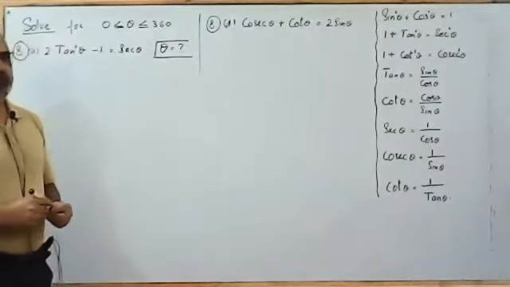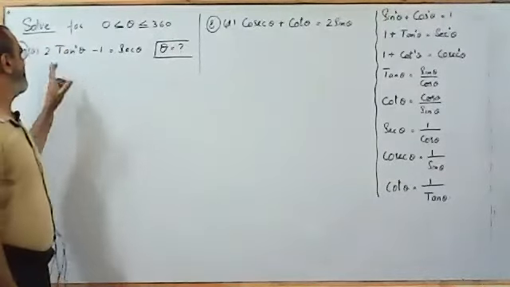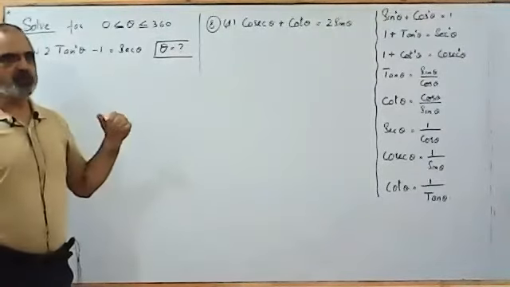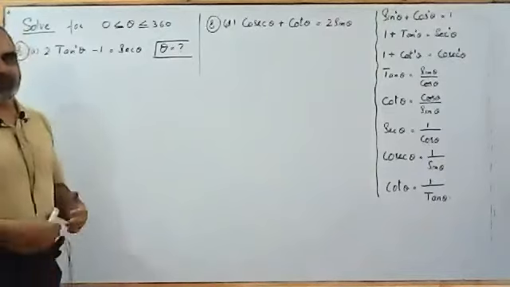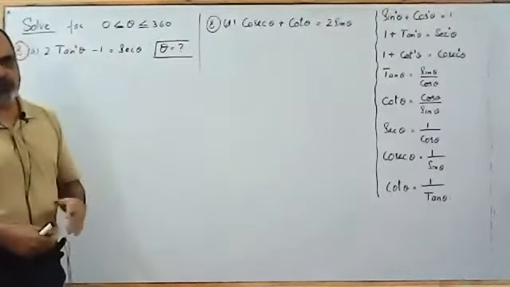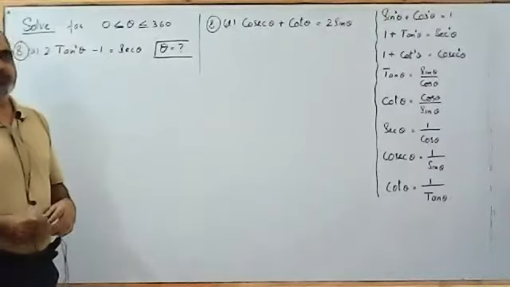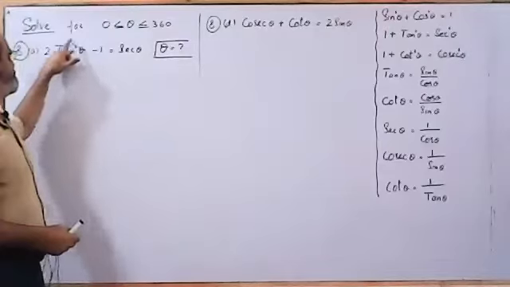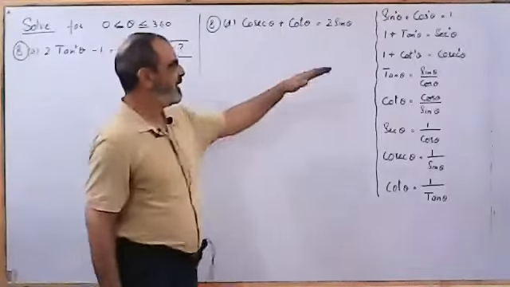To solve these equations, we want to have a single trigonometric ratio in this equation. Either it is sine, there should be all sines. If it is cos, there should be all cos. If it is secant, there should be all secants. So I know I can change tan square using this identity.